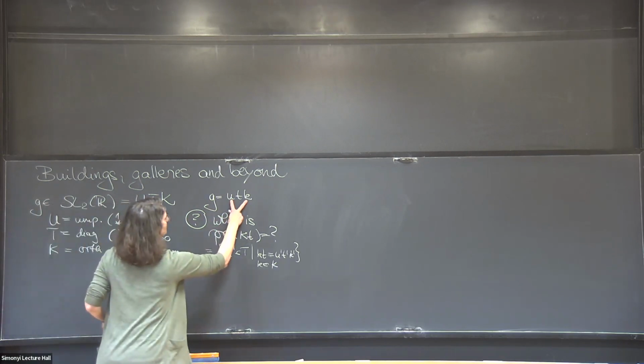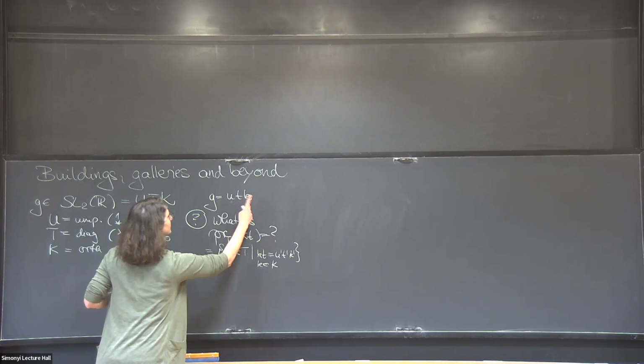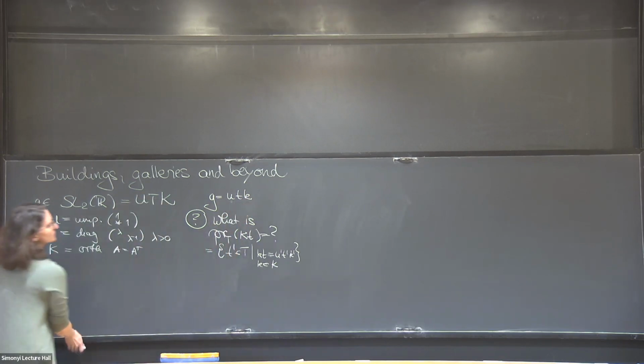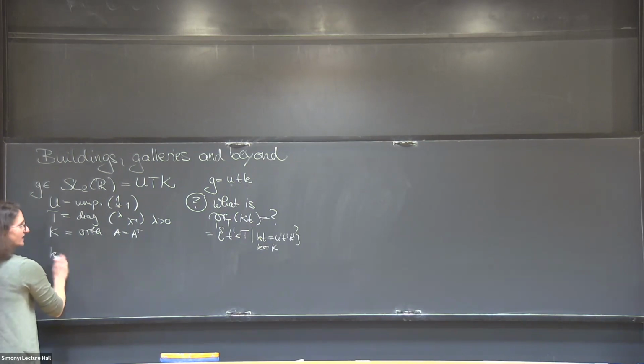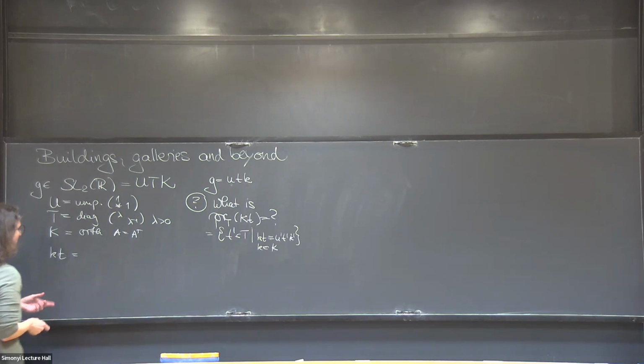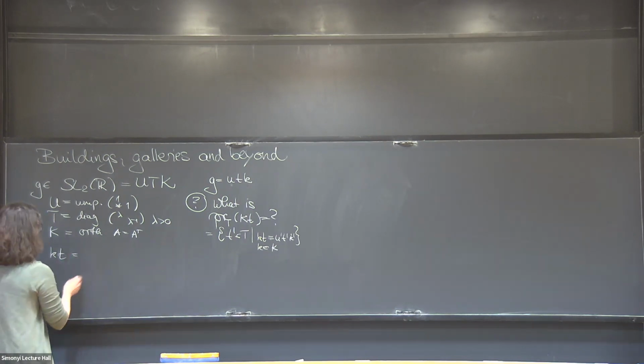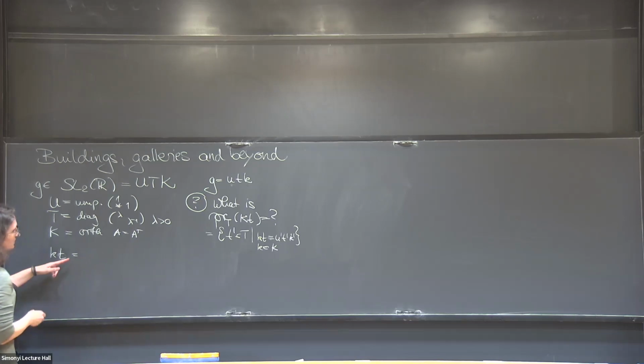As I said, multiplying by little u on the left and little k on the right doesn't matter, so I can just look at k times t, as I've already done there, and ask what its t prime is going to be. And okay, so how do I do this in SL2? Everybody can do this with their linear algebra knowledge.